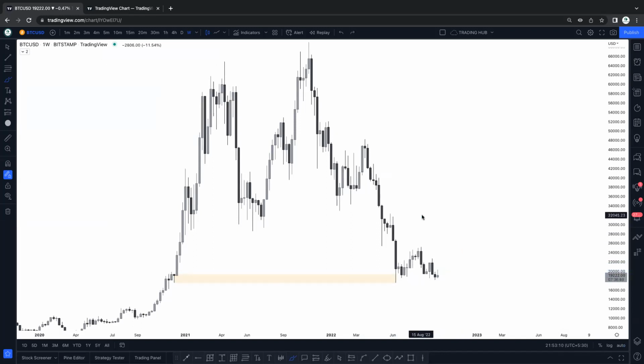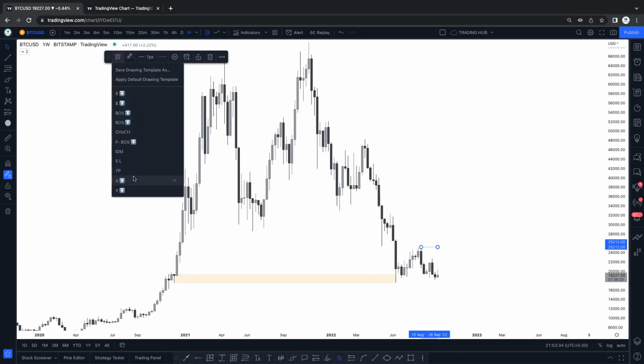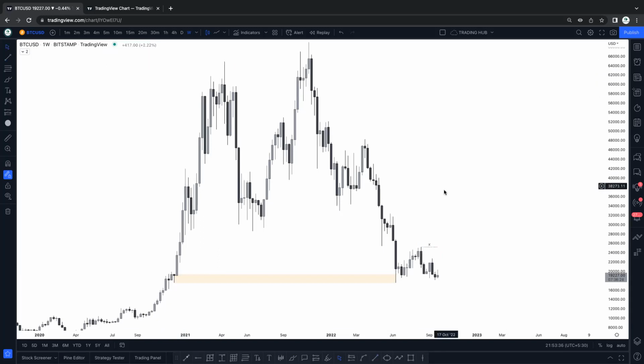Right. So in this case, you have to mark the internal, first inducement, which one is here, and this one, but actual inducement is here, right? So between this one and this one, these are two inducements, minor and major. Once market taken out this minor inducement, we can also sell, but technically our actual inducement is here, right?